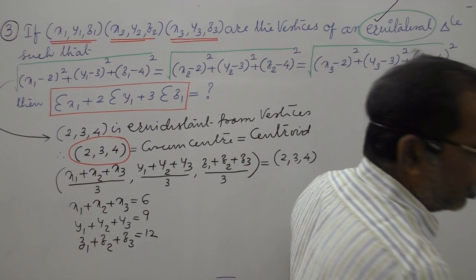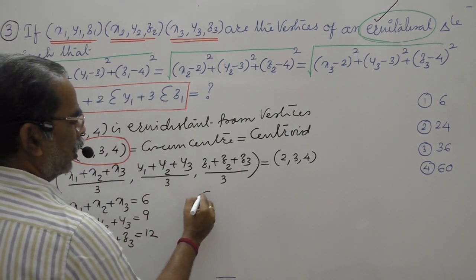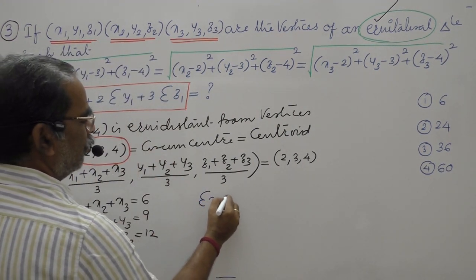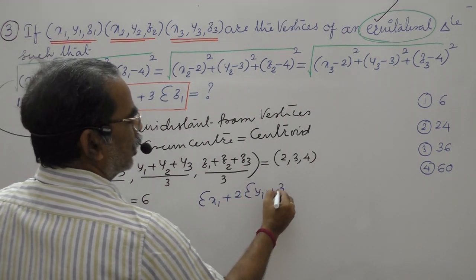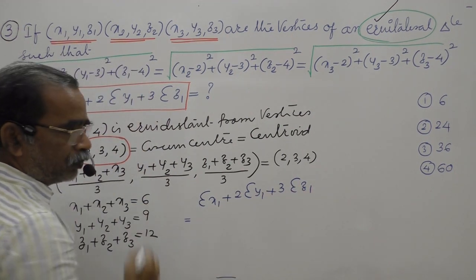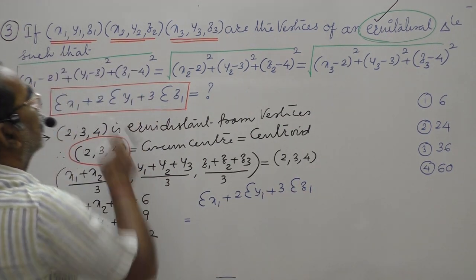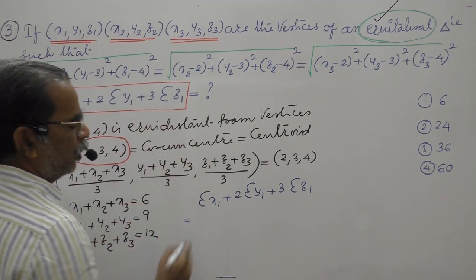So what is to be found here? We have to find this value: sigma x1 plus 2 into sigma y1 plus 3 into sigma z1. What is sigma? Summation. How many points are there? 3 points, 3 cyclic points.